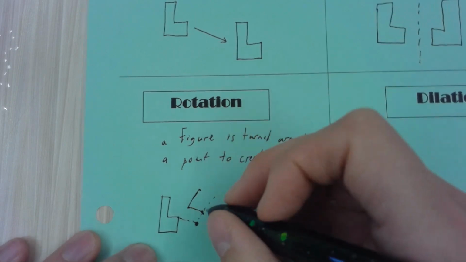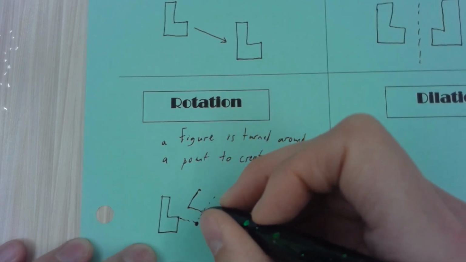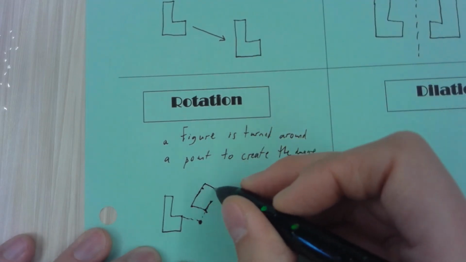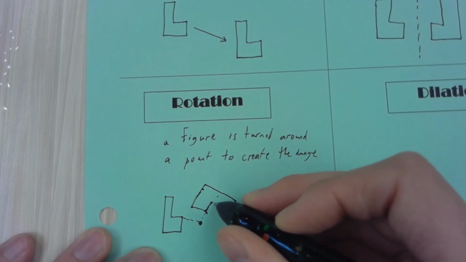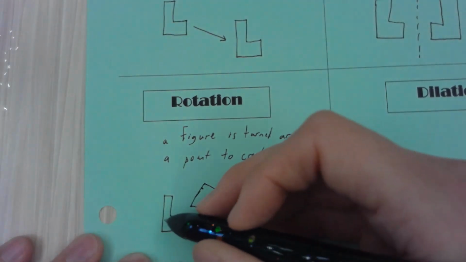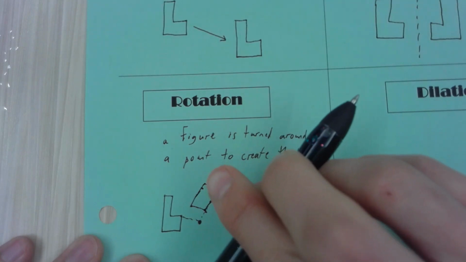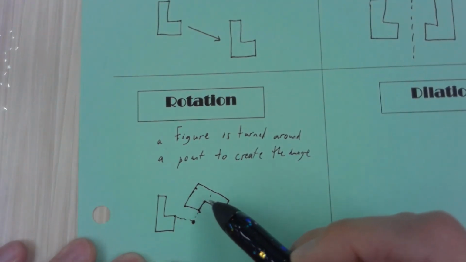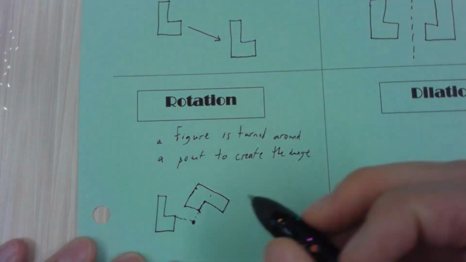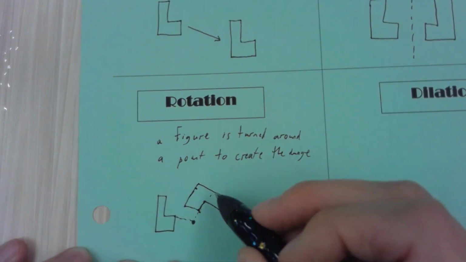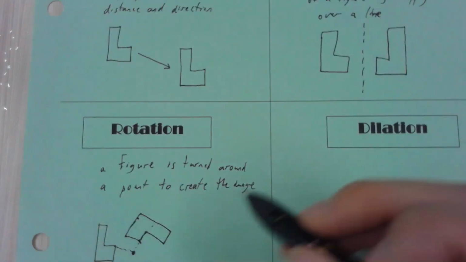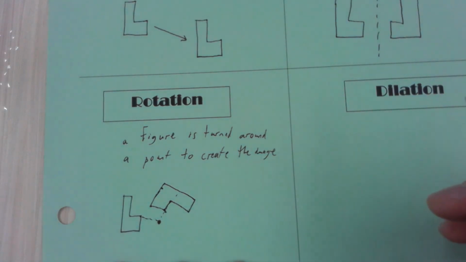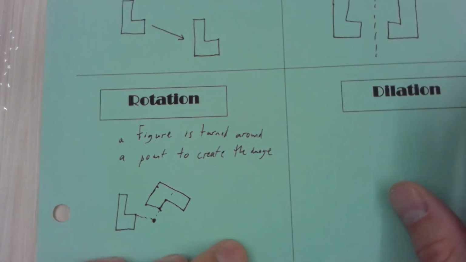Okay, so it gets rotated a certain degree measure, and we have an identical image. Well, it would be identical if I could draw. Everything is rotated. So it's not flipped like in the reflection. It's just a rotation. If you were to turn your paper, you'd see the same picture as the pre-image.